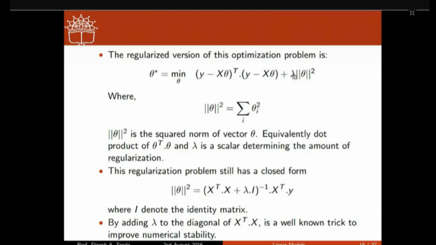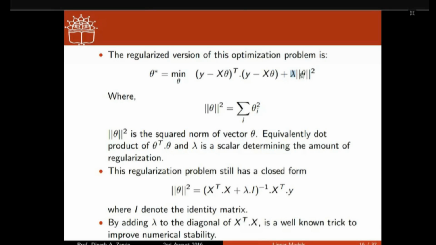Lambda is a tuning parameter or a regularization parameter that denotes how much regularization is required for your particular model. For example, if I take 0.1, then only that portion of regularization will happen. If I take 0.2, then I take only 0.2 of the squared norm of this particular theta.